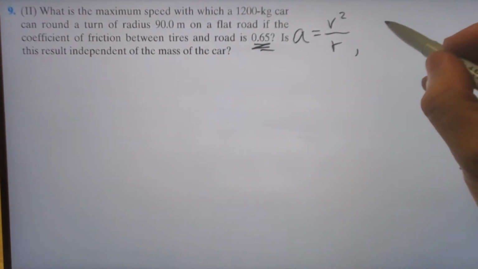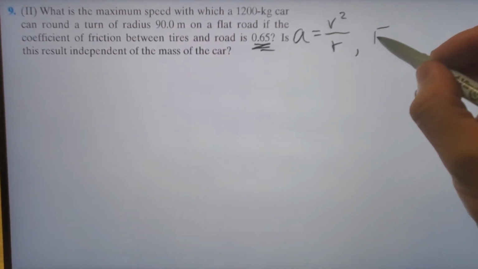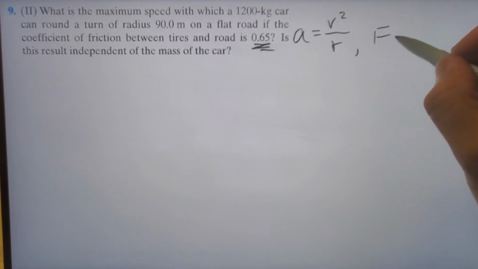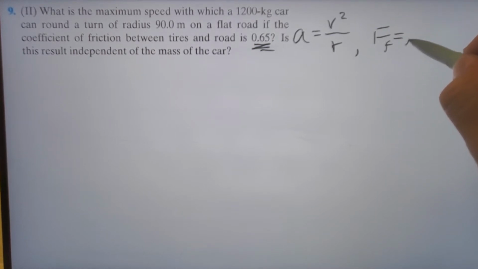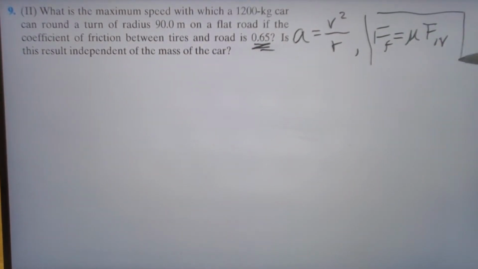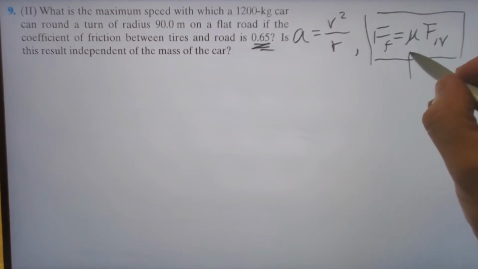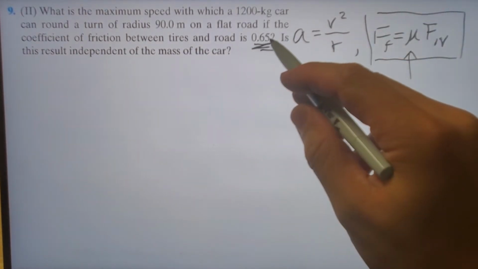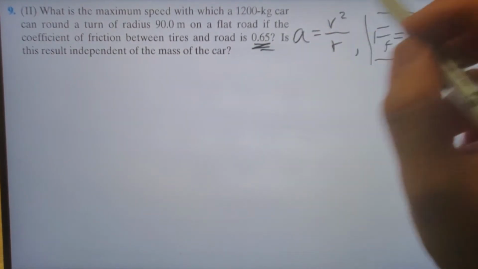The other one is the frictional force, which is equal to the coefficient of friction multiplied by the normal force. This is a new formula. And what is the unit of the coefficient of friction? It is unitless. There's no unit for it.